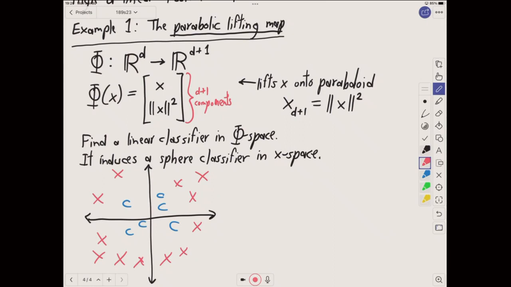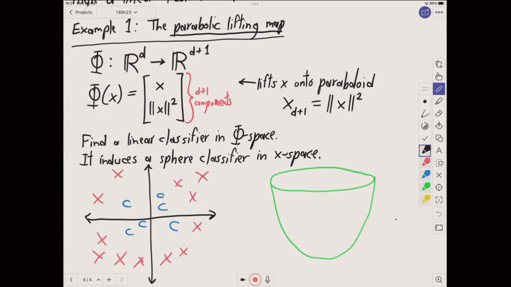So what we do is we take these two-dimensional points and map them up into three-dimensional space. They're all going to be projected up onto the surface of a paraboloid. So I will draw the paraboloid to look like this.